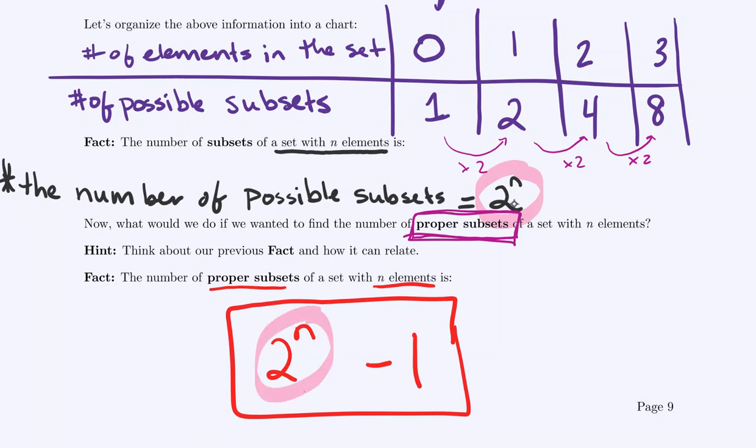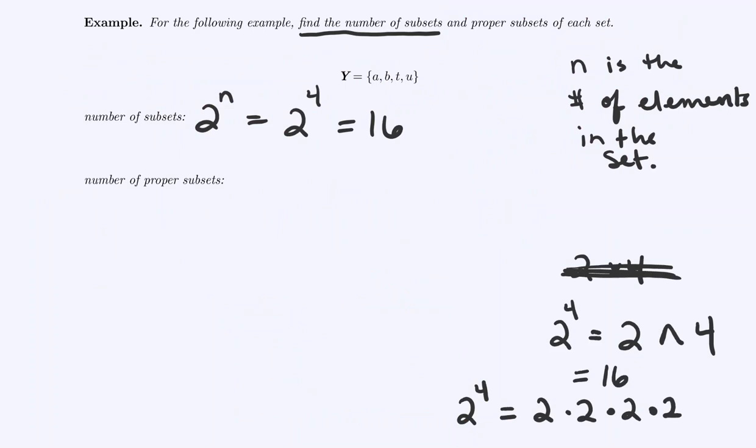This is the formula for subsets, 2 to the n. And when we talk about proper subsets, we just have to subtract 1 from that value to get rid of the largest subset. So with these two formulas, you can find the number of subsets and the number of proper subsets. And in both cases, you first have to count how many elements are in the original set that is part of the problem. So turning the page, let's finish this last example.